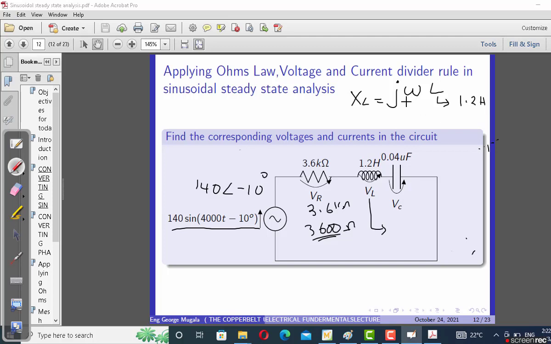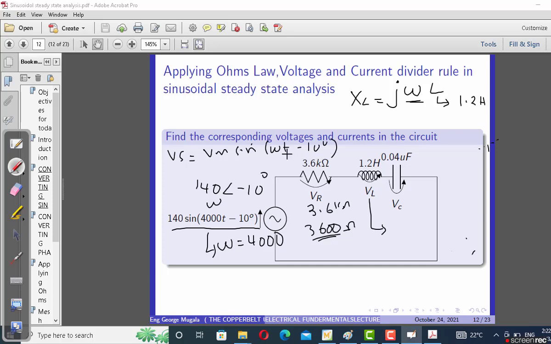What about omega? Omega is the angular frequency. Now, where do we get this angular frequency? Well, it's gotten from here, because this is omega t. So in this case omega is 4,000, because the general formula for the supply voltage is Vm sine omega t minus 10 degrees.